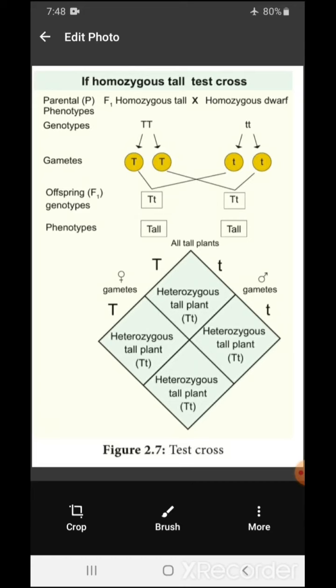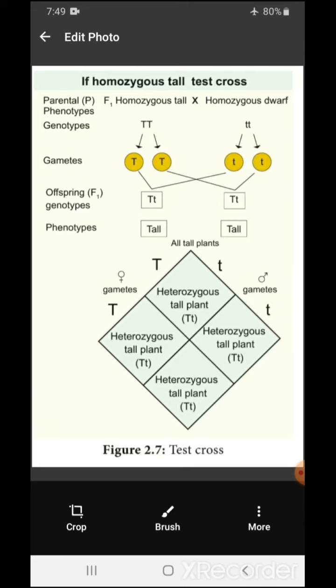Homozygous tall produces capital T gametes and homozygous dwarf produces small t gametes. What is the offspring produced in the F1 generation? All are heterozygous tall, capital T, small t. So here the phenotype is also tall plant only, but it is heterozygous in genotype.